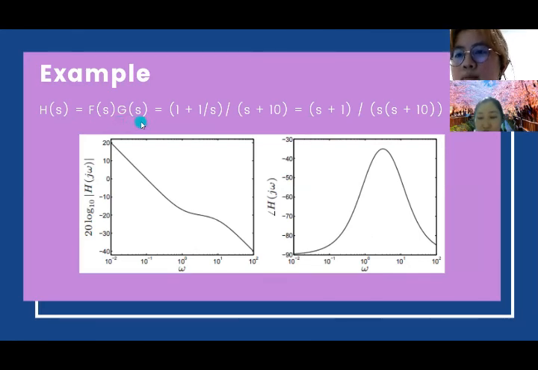So it's equal to 1 plus 1 over s, divided by s plus 10. And it's equal to s plus 1 over s times s plus 10.